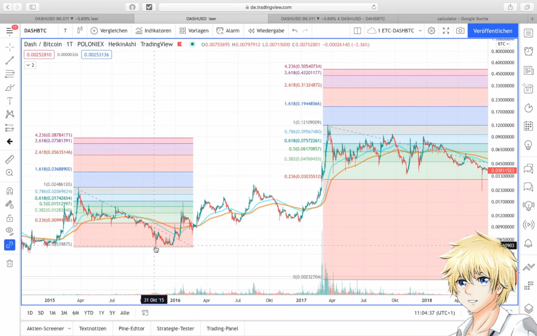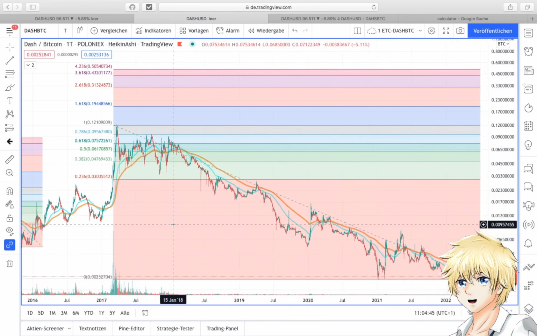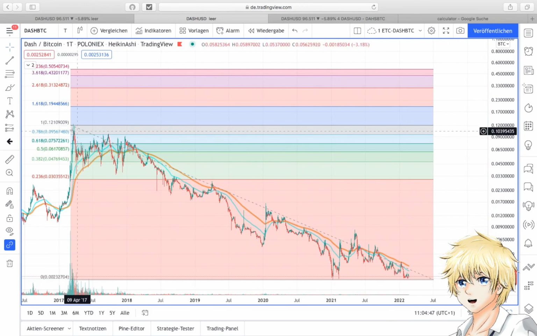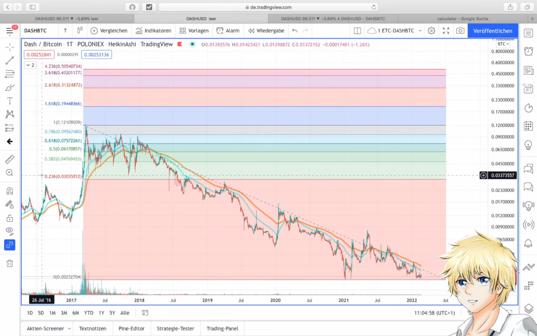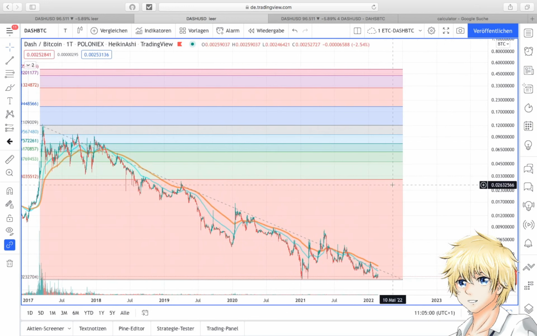So it took a long time to go down, then bounce a little bit here at the bottom, and then it impulsed back to the 0.236. And that is what I think is happening now here again: down, bottoming out, and then it will impulse up to this 0.236 level, which is 0.03 Bitcoin right here. Okay?